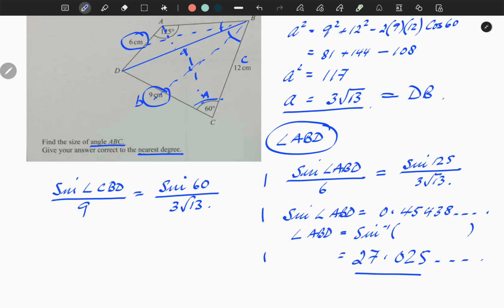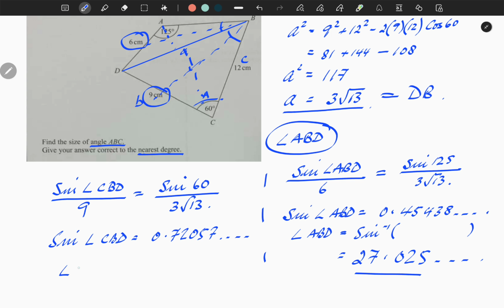I'm just going to quickly do this. It comes to sine of angle CBD equals 0.72057, and so on.